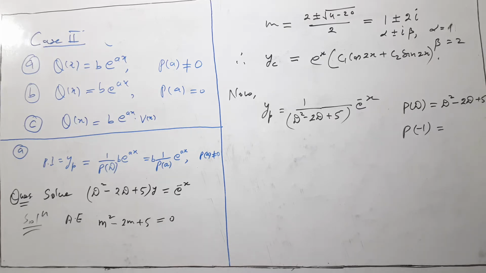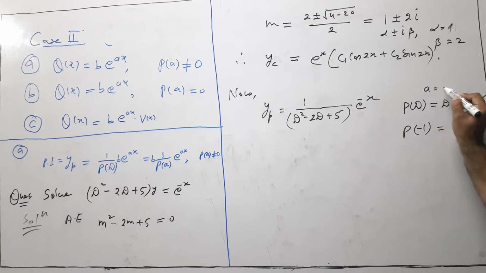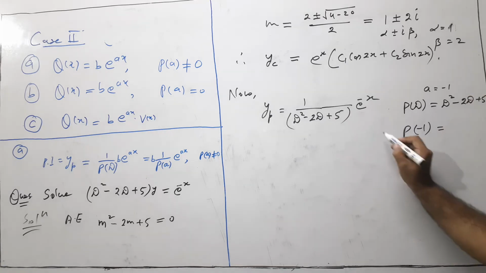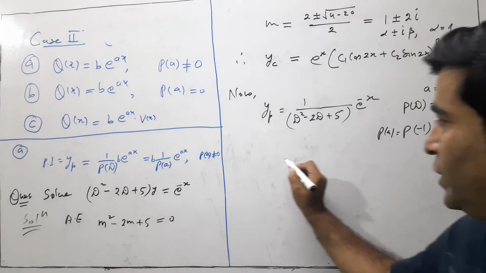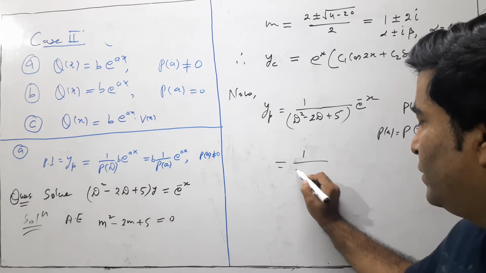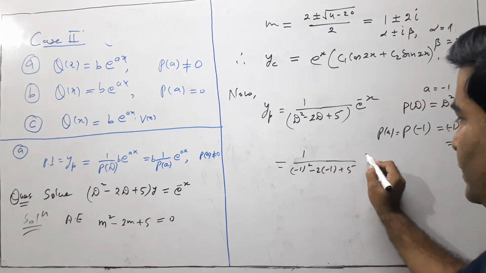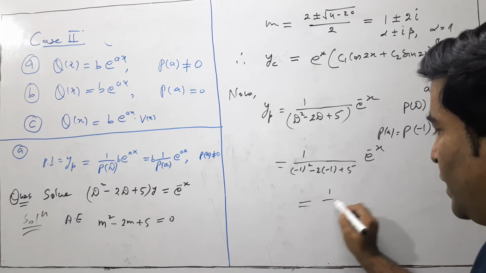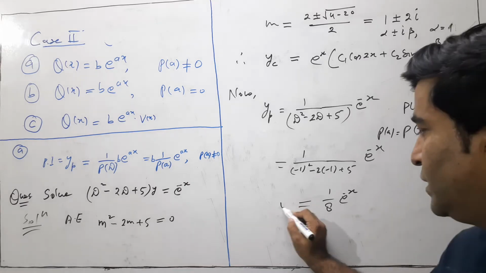We take minus 1 in place of D, because here a is minus 1, so P(a) is equal to minus 1 whole square minus 2 times minus 1 plus 5, this is 1 plus 2 plus 5, this is 8, which is not equal to 0. So the particular integral is 1 upon 8 e to the power minus x.